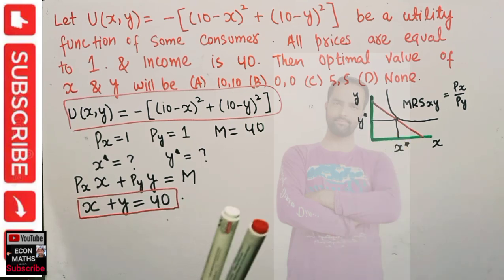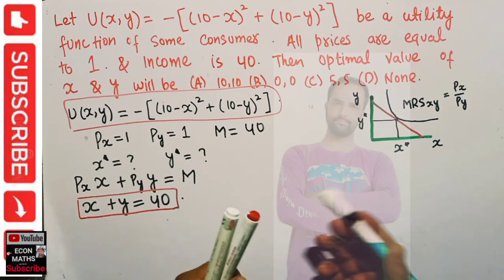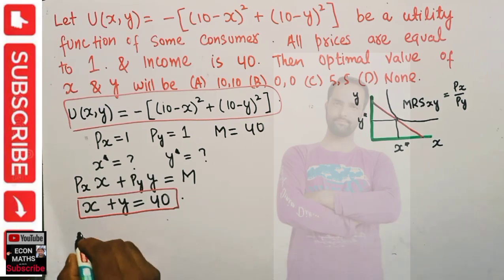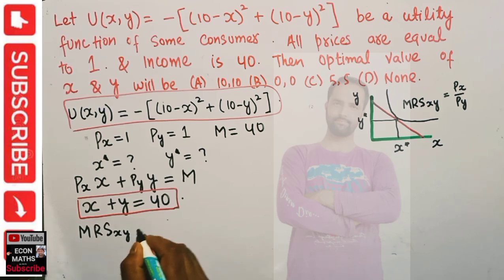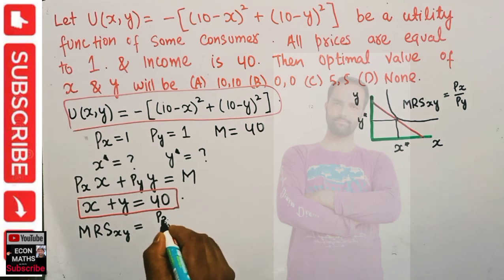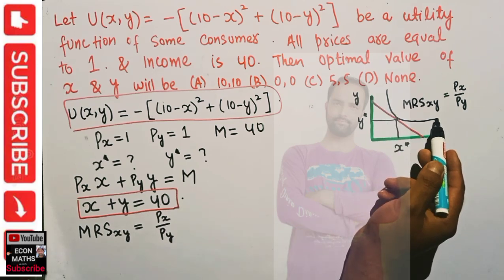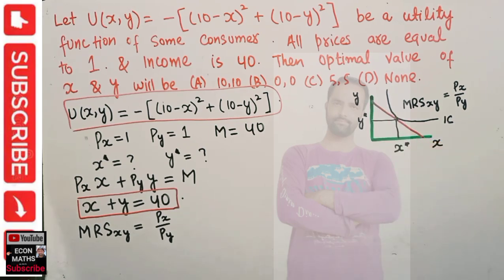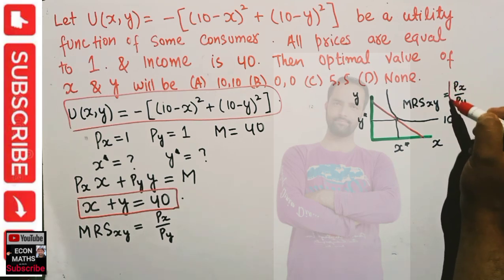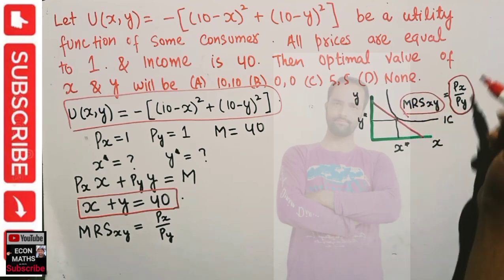So first order condition for equilibrium or optimization requires that our marginal rate of substitution between good x and y should be equal to the ratio of the prices, p of x upon p of y. At this point slope of the indifference curve is exactly equal to the slope of budget line. This denotes the slope of the budget line and this denotes the slope of the indifference curve.